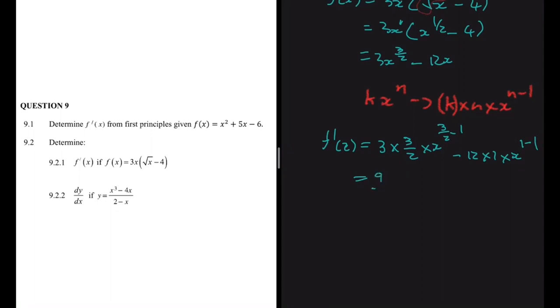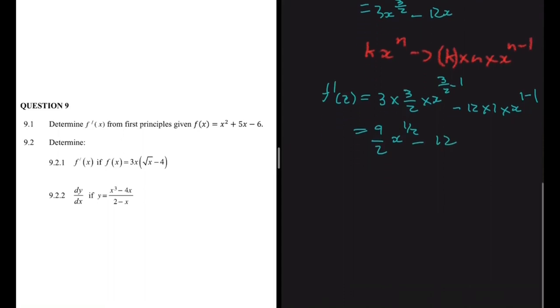If we divide it by 2, we just get 9 divided by 2, right? And then now we have x to the power 3 divided by 2 minus 1, right? So that will be a half, and then minus, so we have x to the power 1 minus 1. Any number to the power 0 is 1, right? So we're just going to get minus 12, and that looks like we have solved our problem.